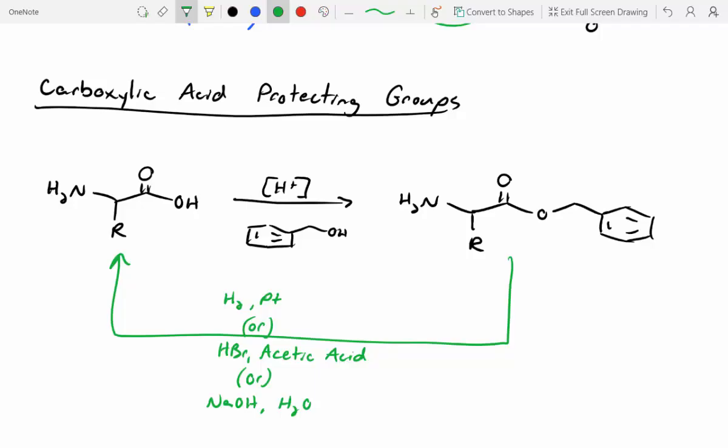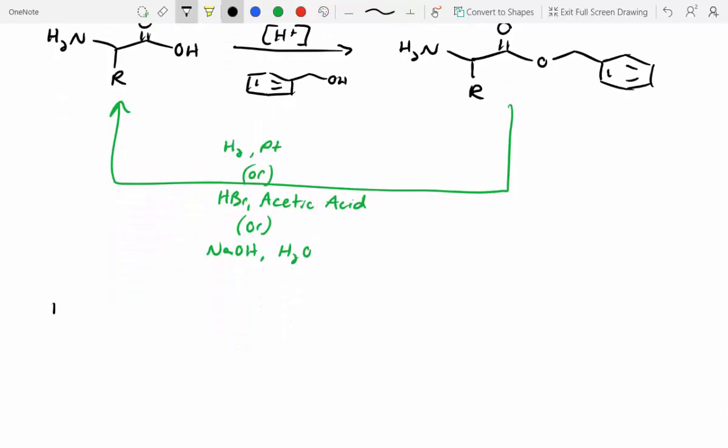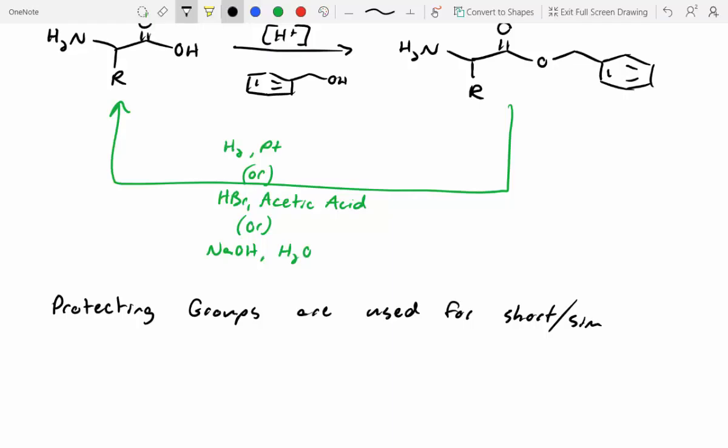All right, so let's take a look at this. Protecting groups are used for short or simple peptide synthesis.